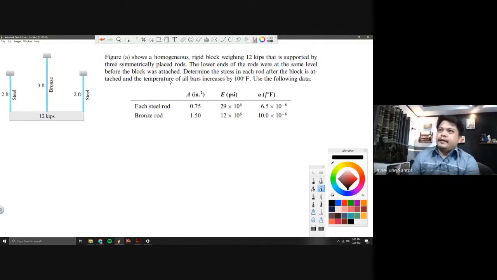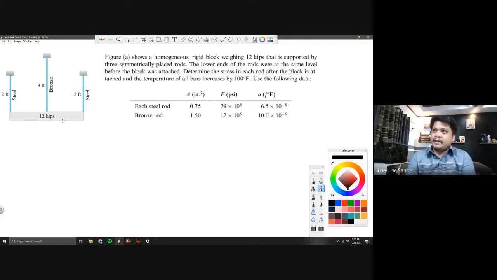Okay. So let's have this problem. Figure A, so ito yung figure A on the left side, shows a homogeneous rigid block weighing 12 kips that is supported by 3 symmetrically placed rods. The lower ends of the rod were at the same level before the block was attached.